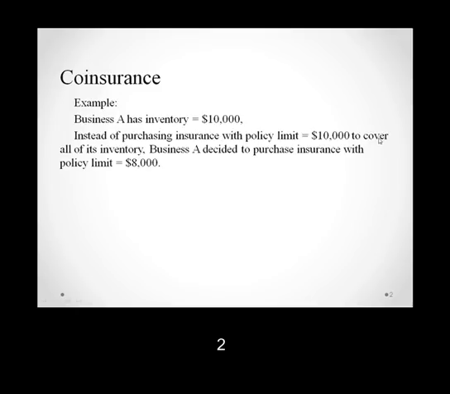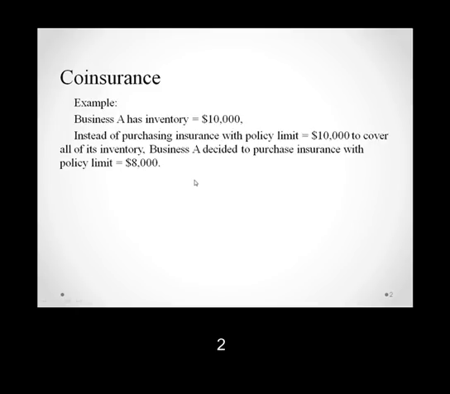So no matter how much premium you pay beyond $10,000, you can only have a policy limit up to your actual value of inventory. Okay, so in our case, business A did not go beyond $10,000. However, he went under, only covering $8,000.